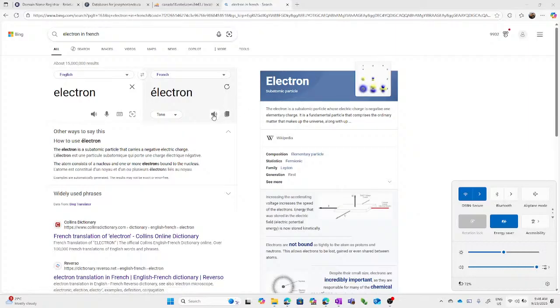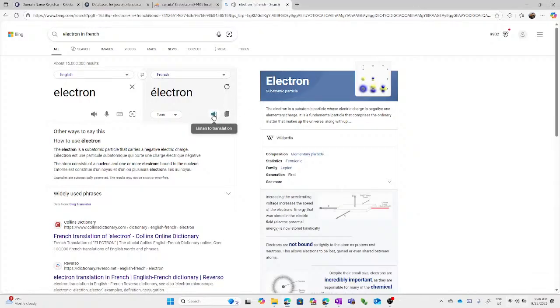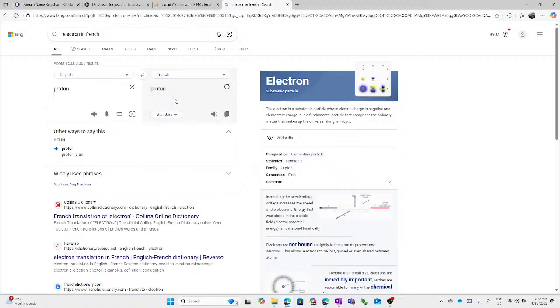Okay, one sec. Ready? Électron. Electron. Casual. Électron. Formal. Électron. Kind of sounds the same. Okay. What about proton? Proton.